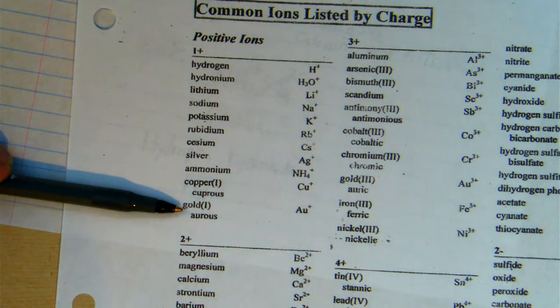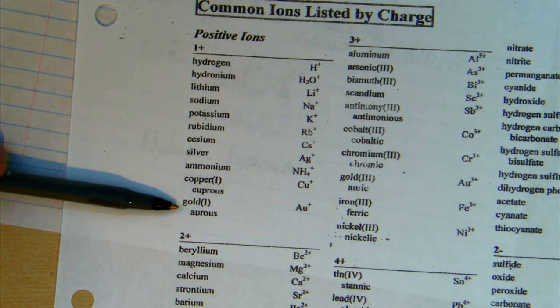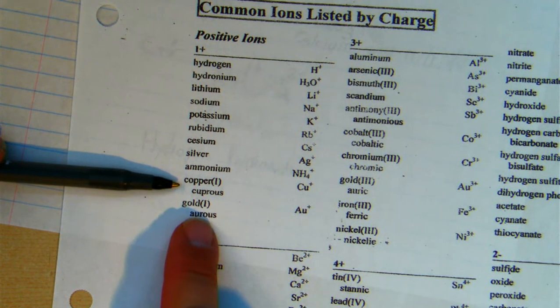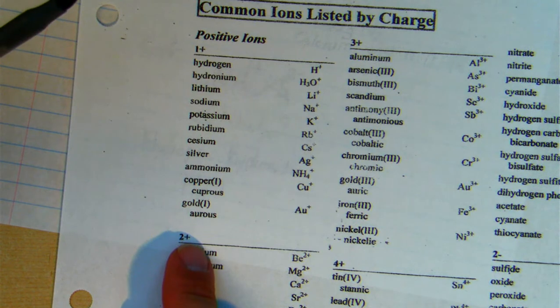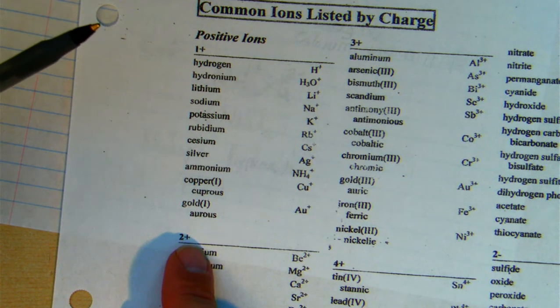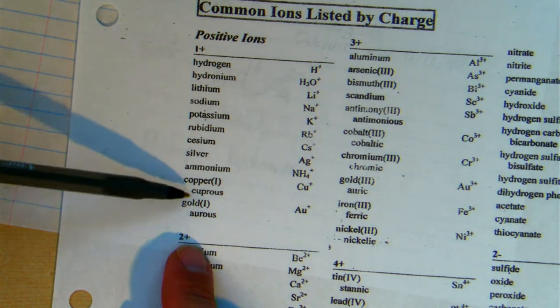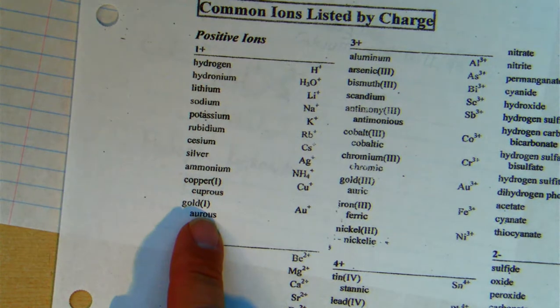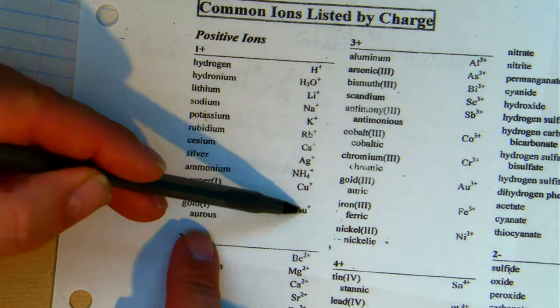It also includes gold and 1 form of copper. The I in parentheses is a Roman numeral telling us how many electrons it has given away. In this case, it gave away 1, so it's a +1 charge.